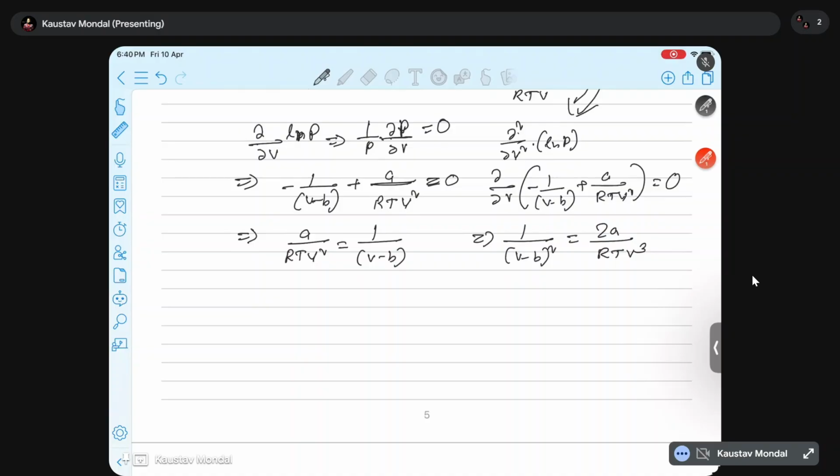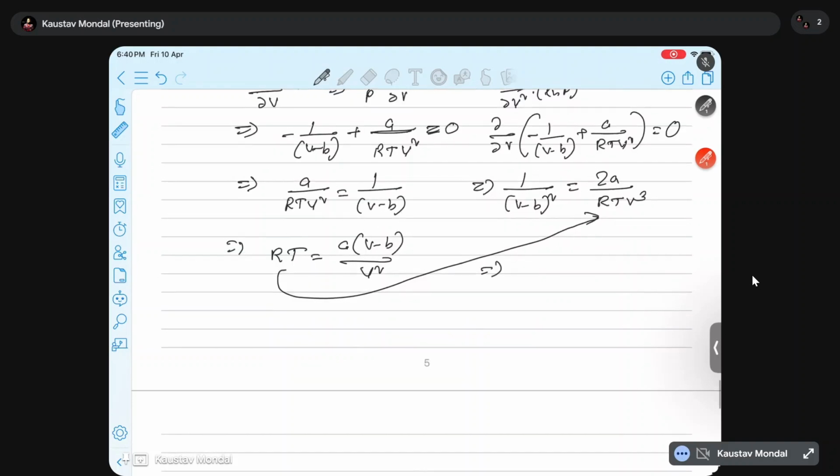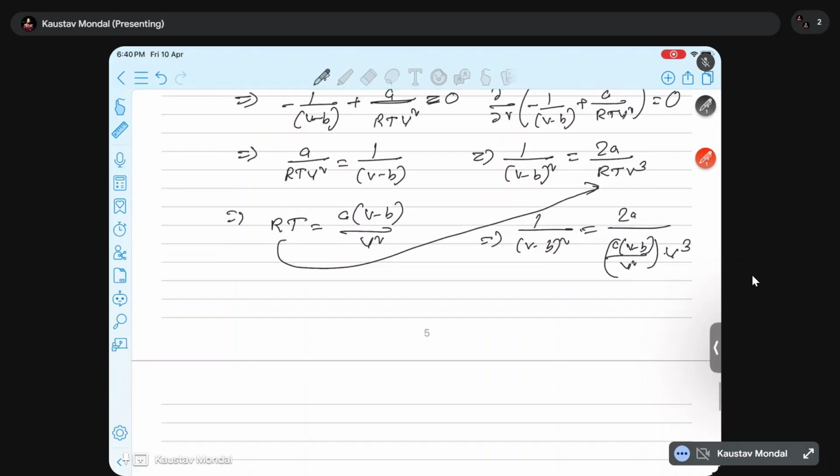Now from this equation, you know RT is nothing but A into V minus b by V square. So if you substitute this RT here, the whole thing will become 1 by V minus b whole square equal to 2A by A into V minus b by V square, this thing is just RT into V cube.